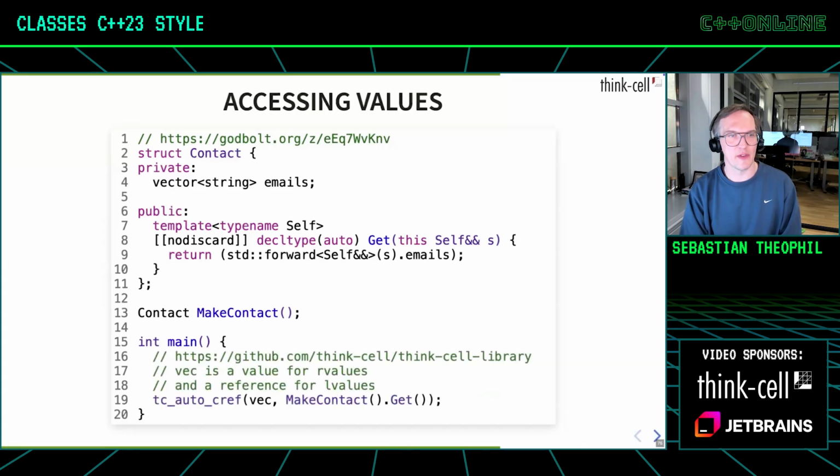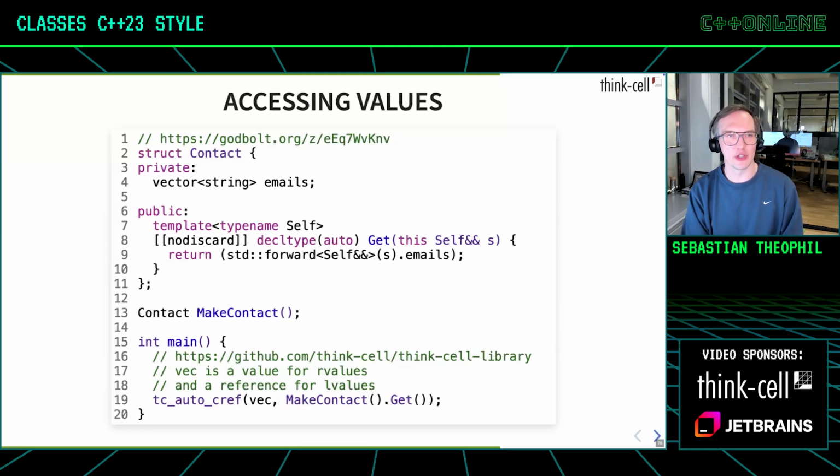This is something we have written for ourselves in our open source library. It's a macro, unfortunately, but this can be useful in generic contexts because it does exactly that, if you have implemented the correct get accessor, of course. So this is now safe and does the right thing in all circumstances.